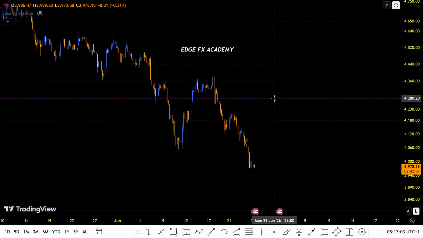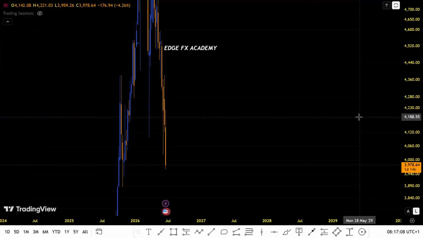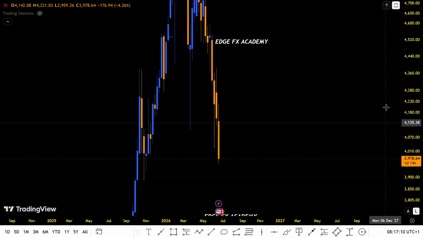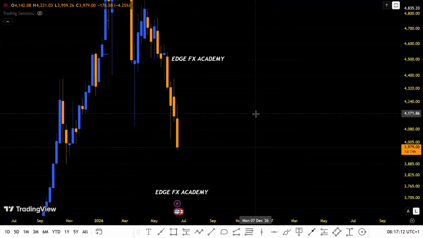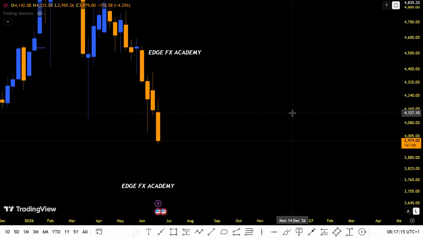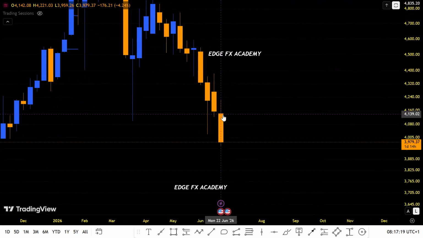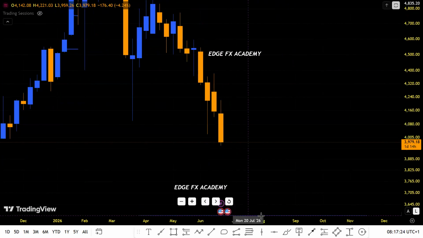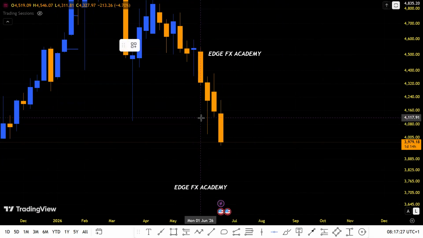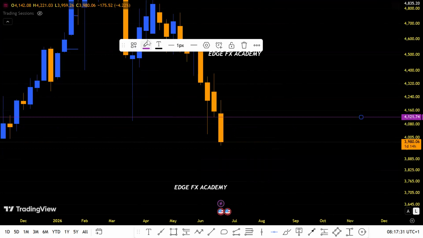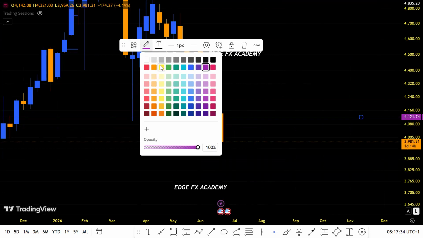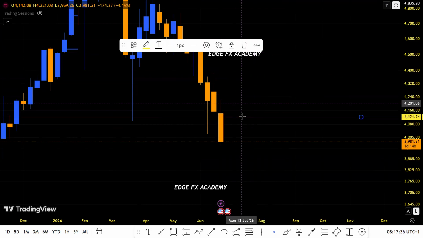So first of all, I'll go to the weekly. What I want to see on the weekly is just the high and the low of last week, nothing more. The high and low of last week is the previous candle. This present candle is this week. So here we have this, and I'm going to give this a yellow color.